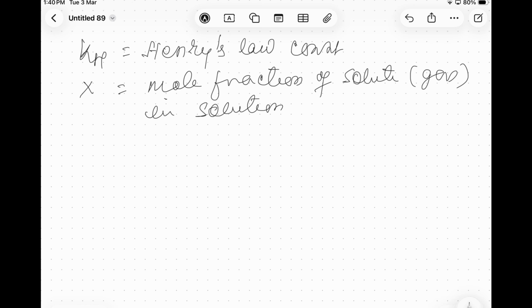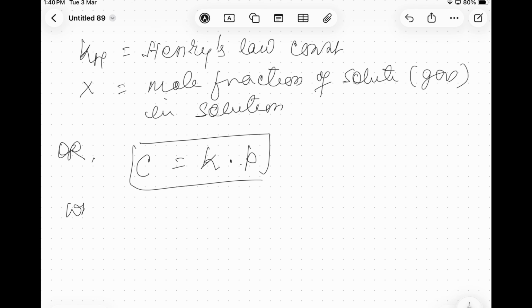Henry law will also be expressed in another way, and that is C = K x P. This is another expression.